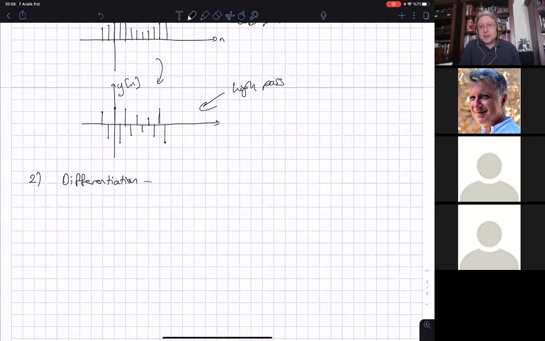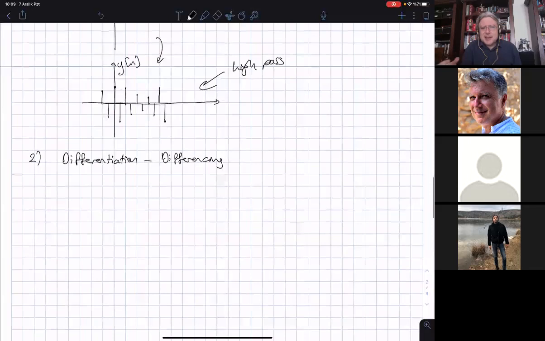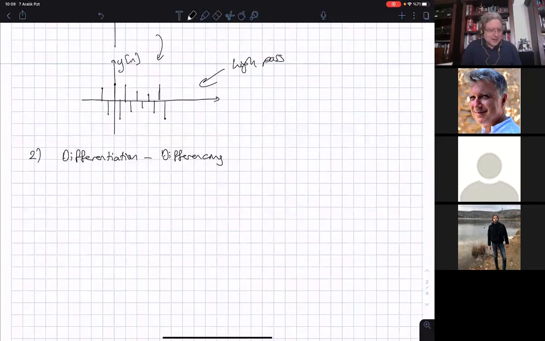We do not really take the derivative, but we take the difference, so we can say differencing, which automatically makes this property not really a proper property, but it's an easy one, which can be easily achieved.